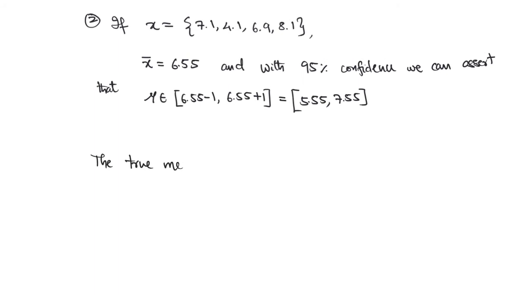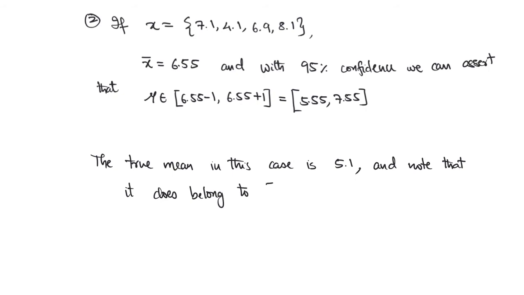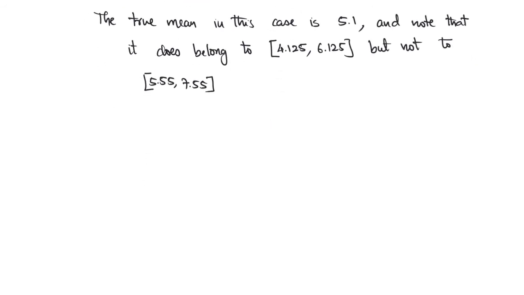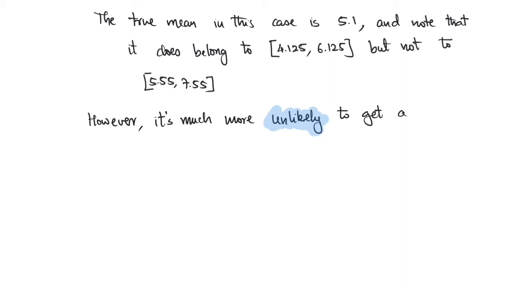Note that the true mean in this case was actually 5.1, and we see that it does belong to the first confidence interval, but not to the second confidence interval given by 5.55 comma 7.55. Also, notice that the second sample was quite unlikely if we were doing a random sample from a normal distribution with mean 5.1 and variance 1.